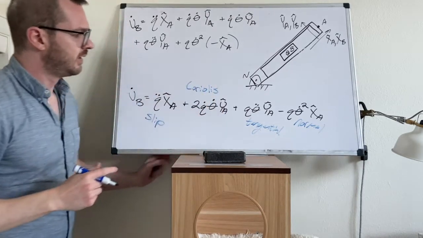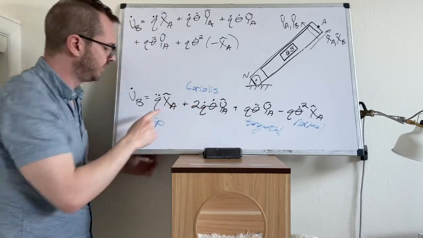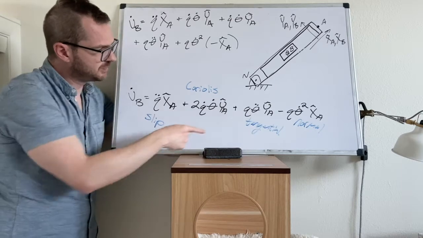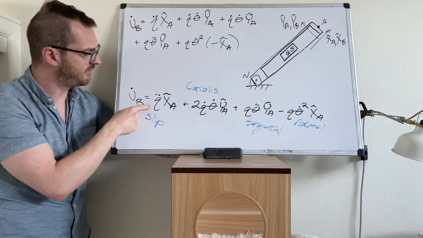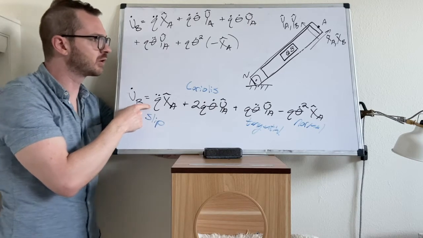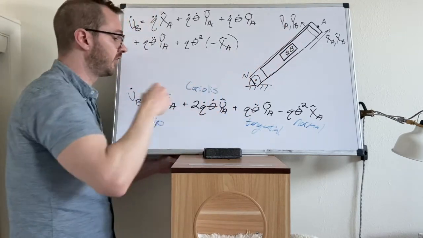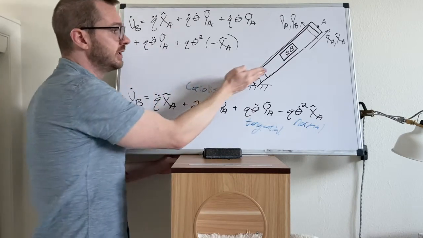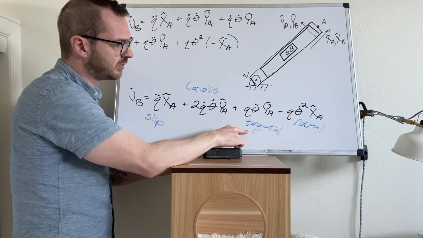Okay, some interesting points. Notice how slip and tangential, these are both functions of accelerations, right? So we have a linear acceleration. This one was dependent on some force acting on this block in the direction of the groove. Similarly, we've seen the tangential before.